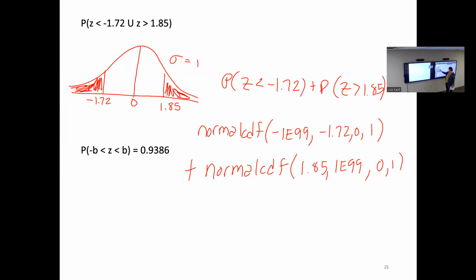Go back to our distribution. Oops, I messed that up. Don't do what I did. Plus. Go back to our normal distribution. Now my lower limit is 1.85. My upper is 1 times 10 to the 99.